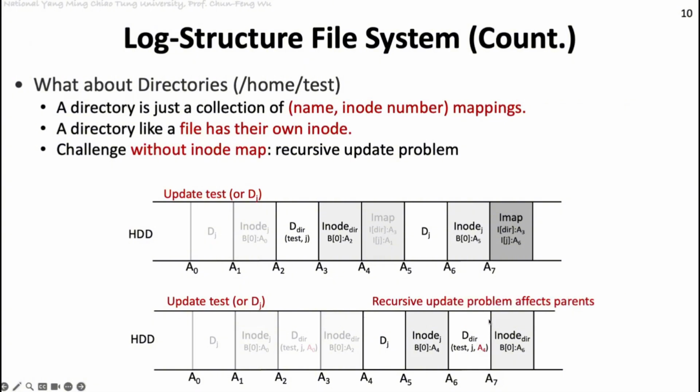With the inode map, we can also rely on the checkpoint region, which can be put into memory for fast checking. This is one advantage. The other advantage is that with the inode map we can avoid this recursive update problem when updating the directory.